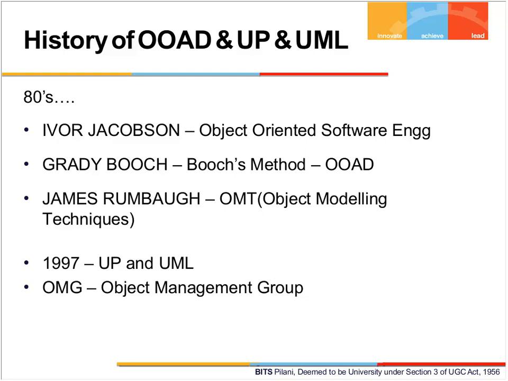This was the time when the Object Management Group was formed, and they came up with the concept of object-oriented analysis and design. This was the object orientation ideology proposed by them during 1997.